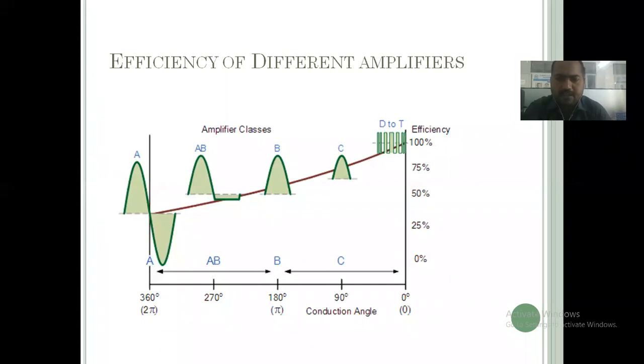Its efficiency is more compared to class A. Class A has 30 to 40% efficiency, while class D has near about 95% efficiency.